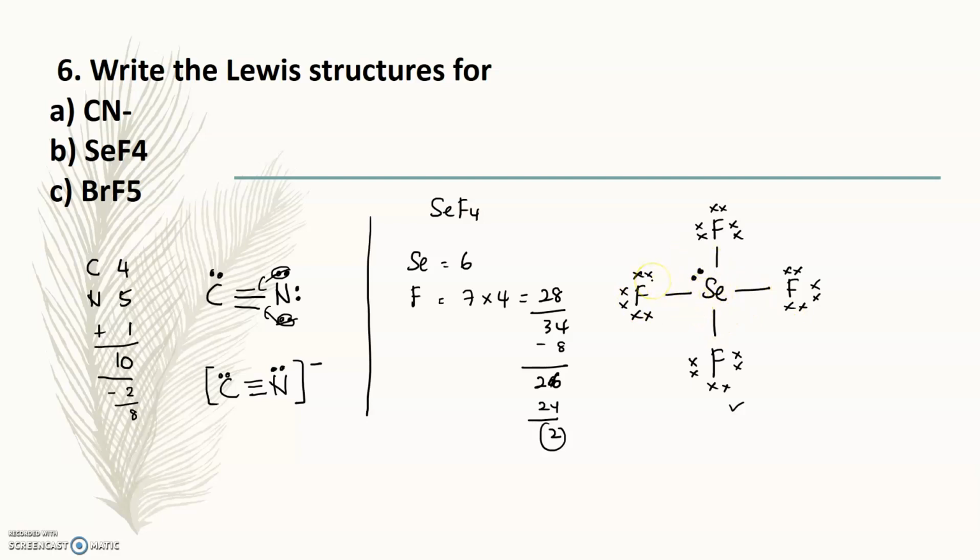Selenium is located in period 3, no, actually selenium is located in period 4. So an atom of an element located in period 3, 4 and so on can have an expanded octet, more than 8 electrons.